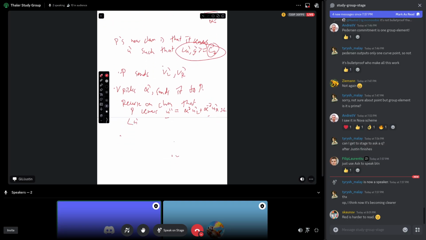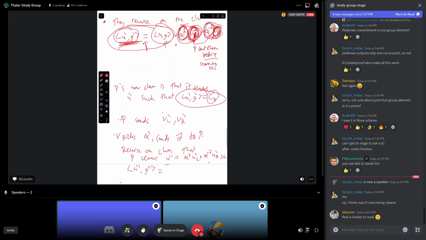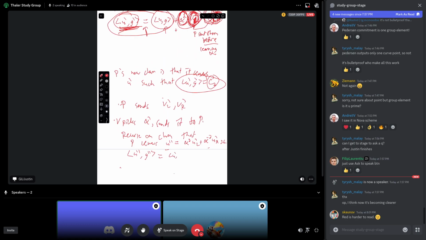Such that U prime prime inner product G prime prime equals this thing, U prime inner product G prime, or the right hand side here anyway, plus alpha prime squared V prime L plus alpha prime to the -2 V prime R. My notation's getting terrible.